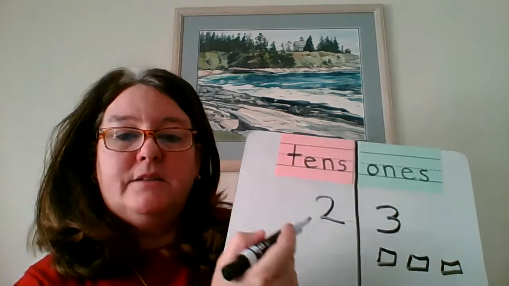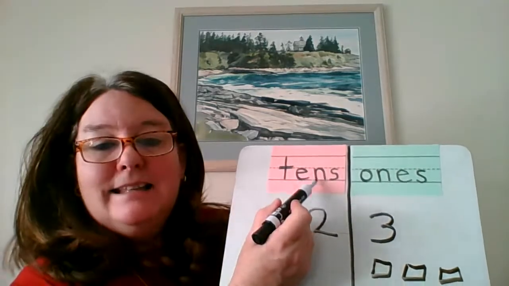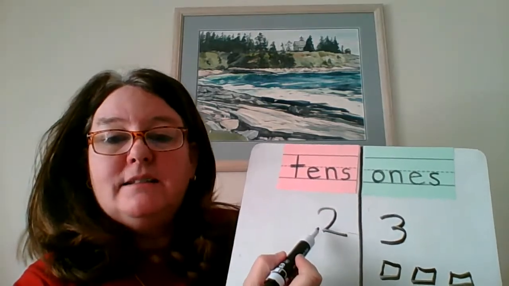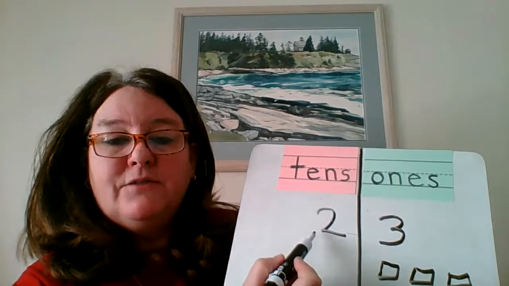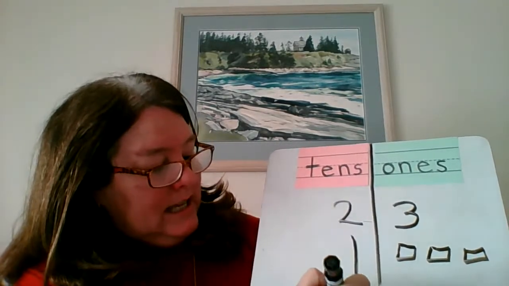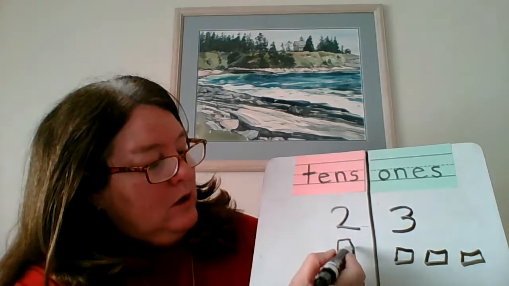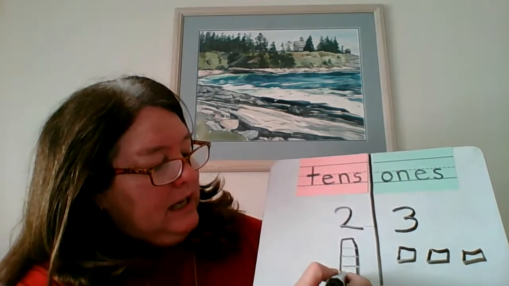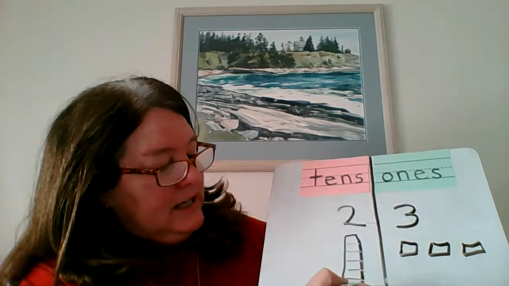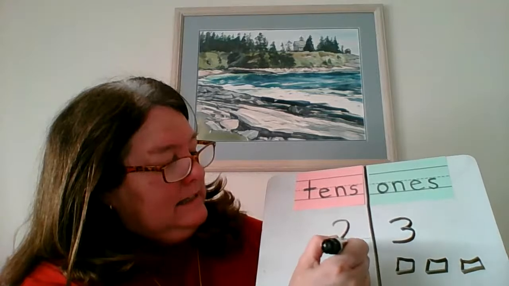But the 2, would it make sense for me to draw 2 squares? No, it wouldn't, because this 2 is not a 2. This 2 is in the tens place. So it means there are 2 groups of 10. So my tens are going to be tall, just like if I had put 10 squares together. 1, 2, 3, 4, 5, 6, 7, 8, 9, 10.